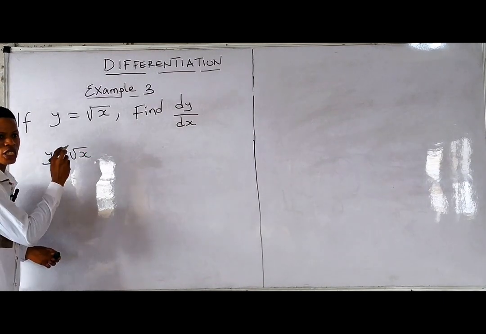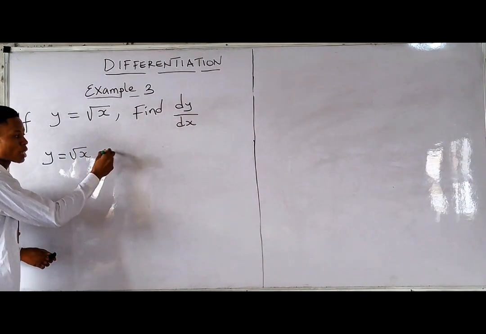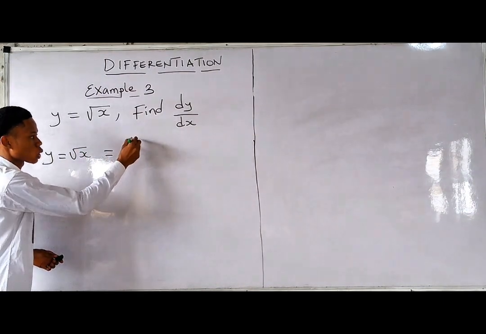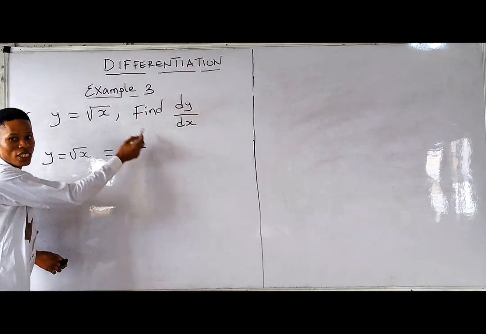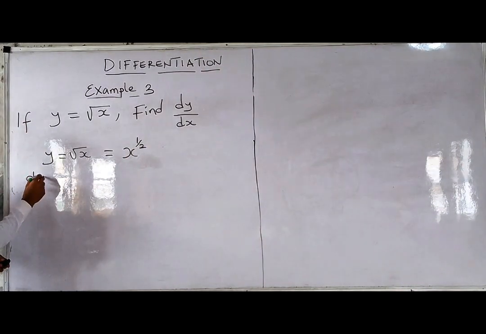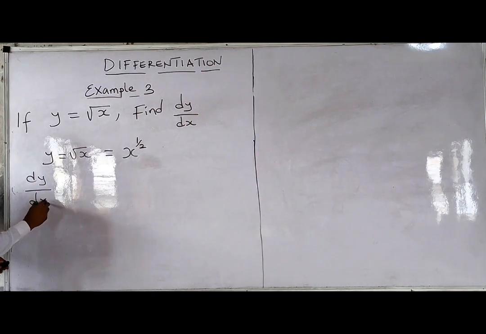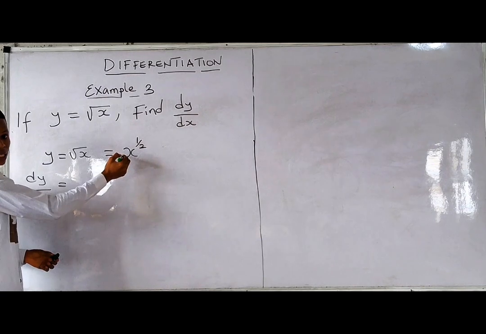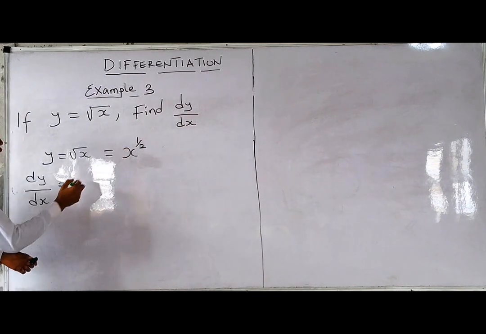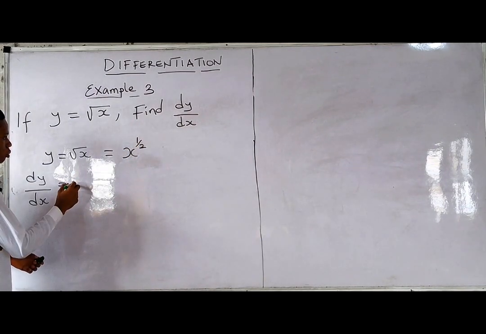You know from indices, root x is the same thing as x raised to the power what? Half, right? So if we are differentiating this, dy over dx will be equal to, remember what you said, this will come here, right? This will come here. So if this comes here, we'll have what?